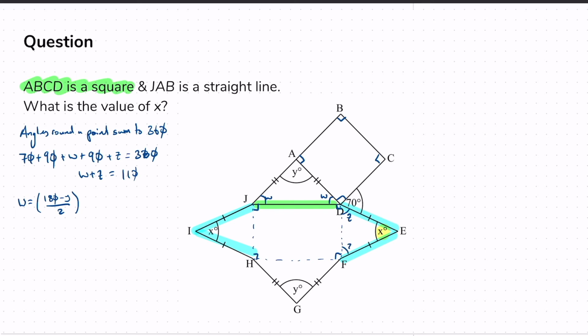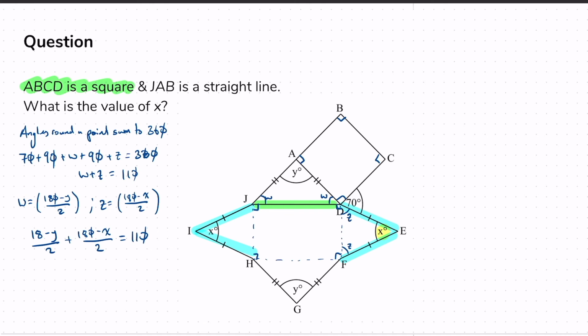And I can do the same thing for Z here. So Z, and here's where we're going to get our value of X, is 180 take away X over 2. So W plus Z: 180 minus Y over 2, plus 180 minus X over 2, is equal to 110.